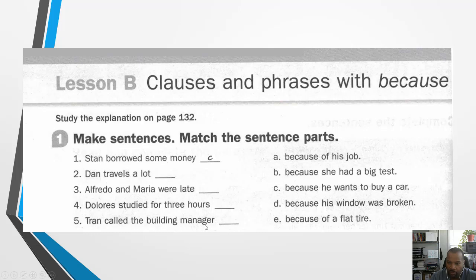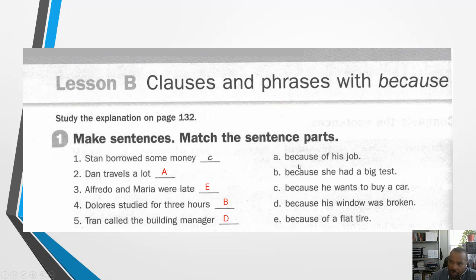Tran called the building manager. I chose D, because his window was broken. Okay, Tran called the building manager because his window was broken. All right, so those are the ones that I got. Hopefully you got the same.